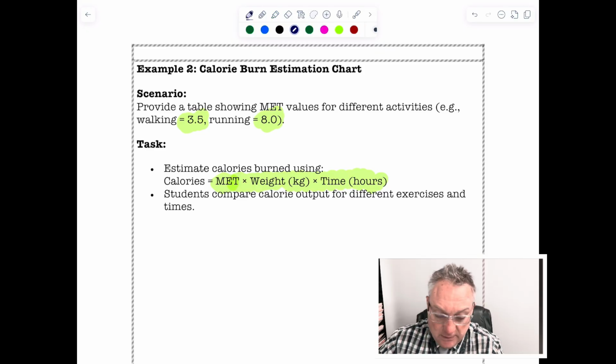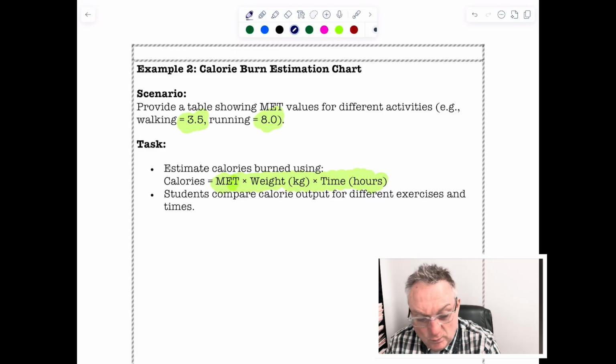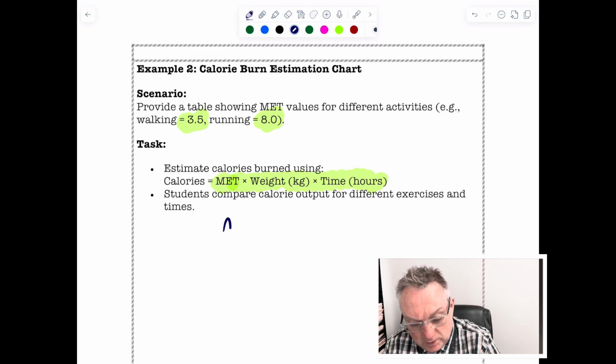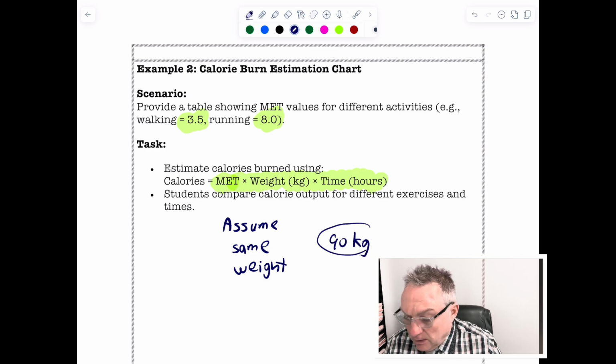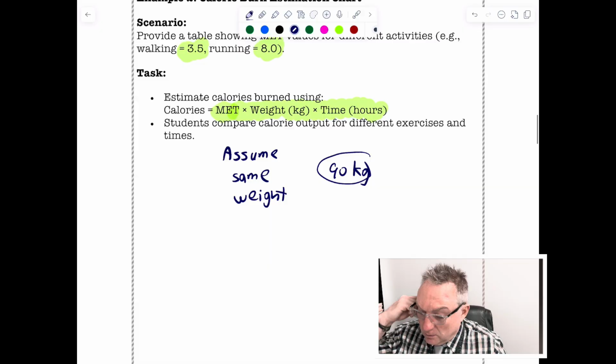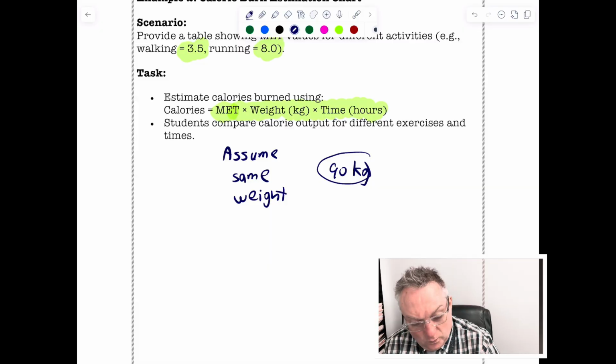So let's assume that we're the same weight for a good comparison, and I'm going to use 90 kilograms as my example. Let's look at walking.